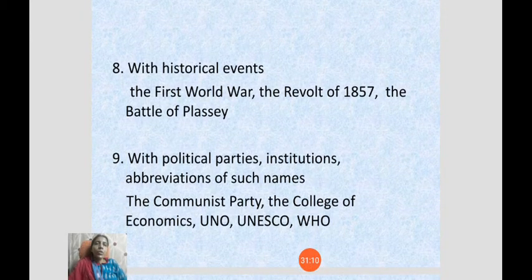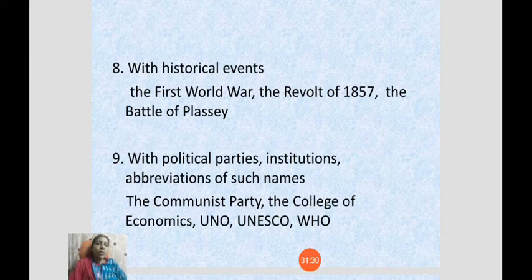With historical events. All the historical events, like the First World War. It's a historical event. So first F is capital, W is capital, and W is capital.